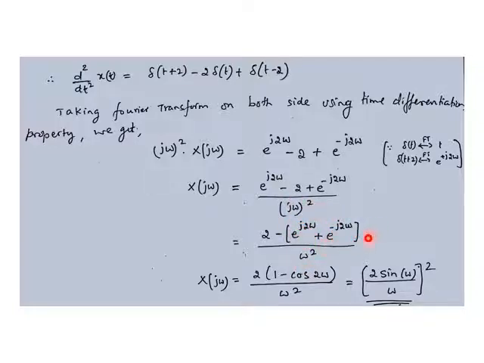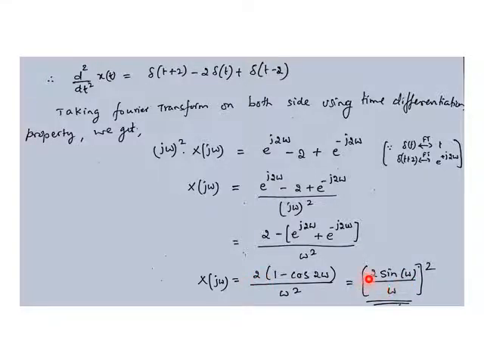If I divide by 2 into 2, we get cos 2ω. Here 2 is common, so taking it out we get 2 times (1 minus cos 2ω) divided by ω squared. This looks like 1 minus cos 2θ, which is nothing but 2 sine squared θ. But I already have 2, so 2 into 2 is 4.